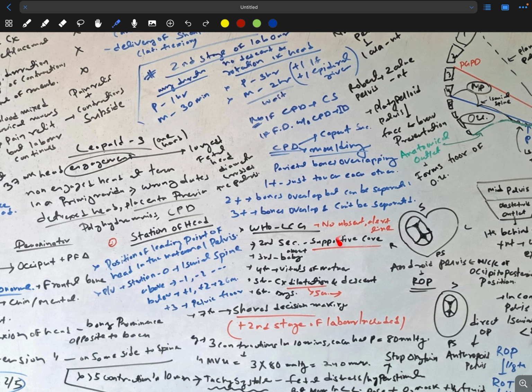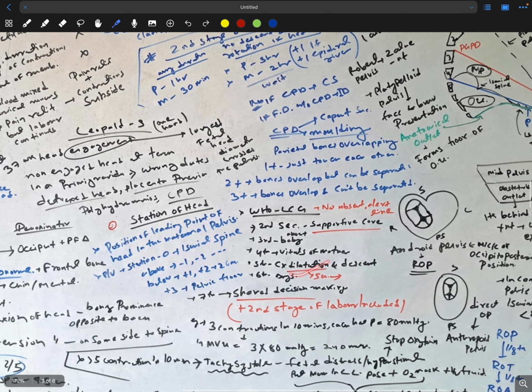The second is about the supportive care she receives. The third is about the baby. The fourth is about the vitals of the mother, the pulse, BP, all these things. The fifth section is cervical dilatation and descent. Cervical dilatation is also present in the partogram.